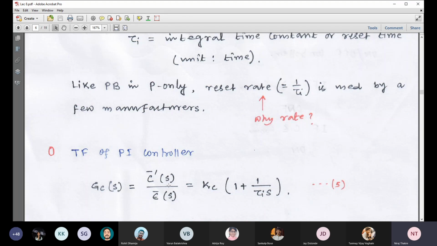Anyone else got this transfer function? Shomik Sarkar, 30026, or 30027 Vivek Sureka.